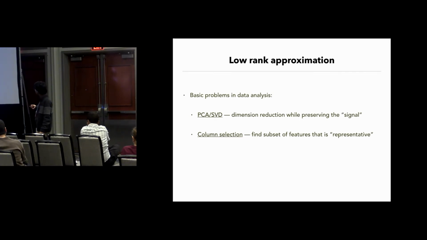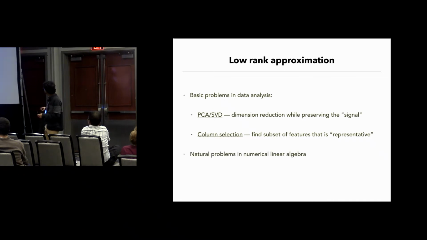And column subset selection is where you have a matrix with a huge number of features or columns, and you want to pick a subset of them that are somehow representative of the rest of the columns. And these are also very natural problems in numerical linear algebra, and lots of communities have studied these kinds of problems. Okay? So let me just formally state PCA anyway, because I will also state a slightly different formulation.